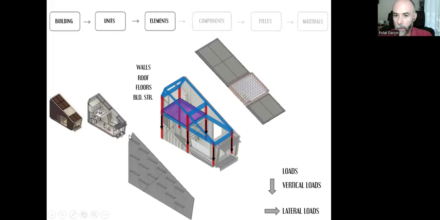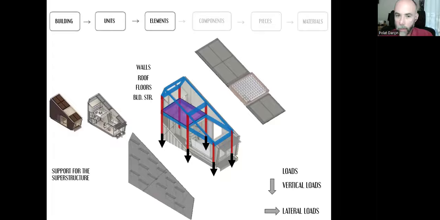Then they will be transferred to the columns. Each one has their own weight.